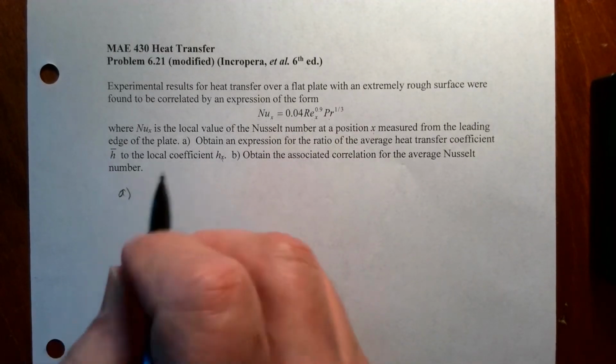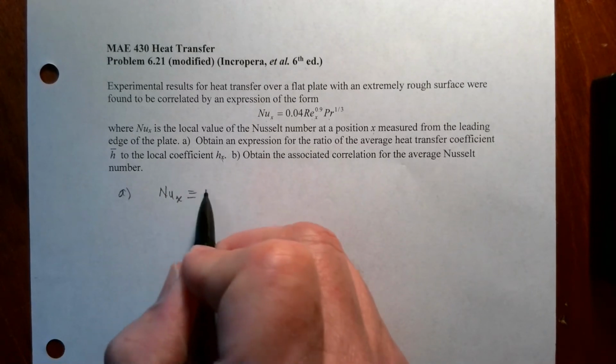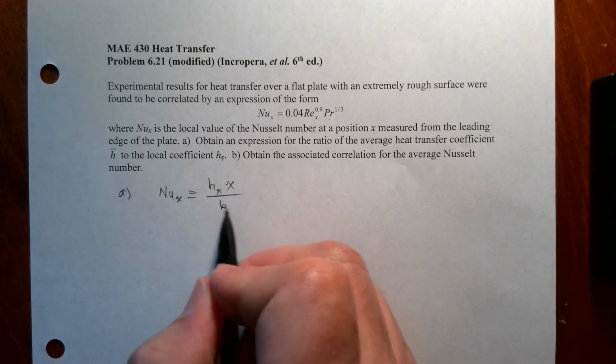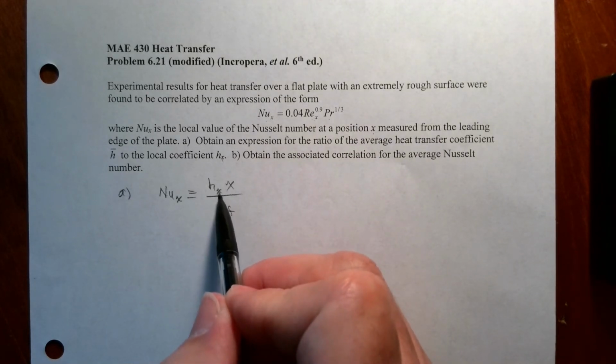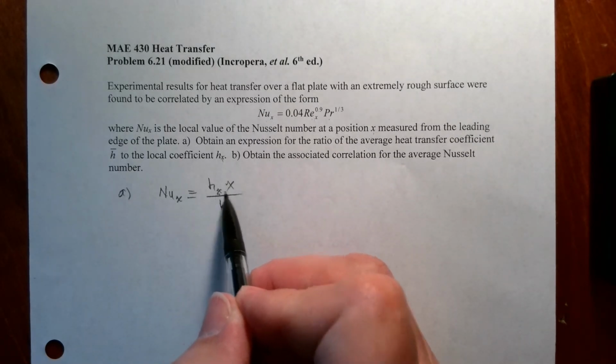Alright, so let's see, part A. Nusselt number based on x is equal to hx times x over kf. So remember this h sub x, that's just the textbook's way of saying h. That's the local heat transfer coefficient, reminding us it depends on x.